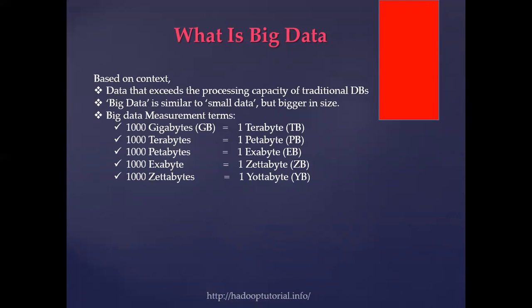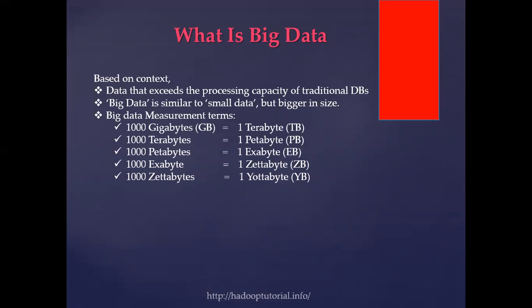Okay, and generally, as of now, the big data terminology that we consider is, if you have data in terms of terabytes, it could be 5 terabytes or 10 terabytes or even 50 or 100, then we normally treat that as big data.